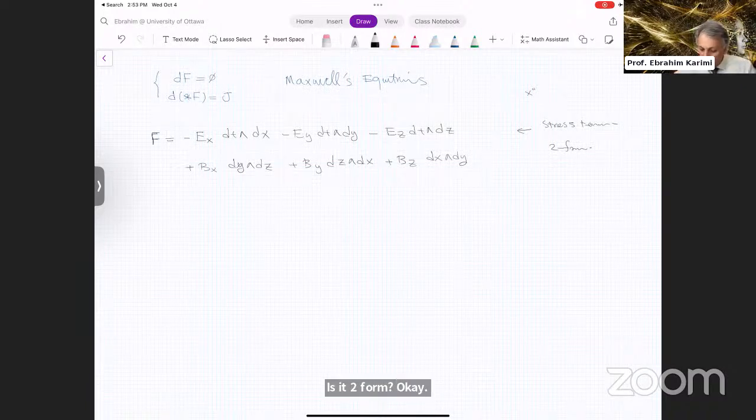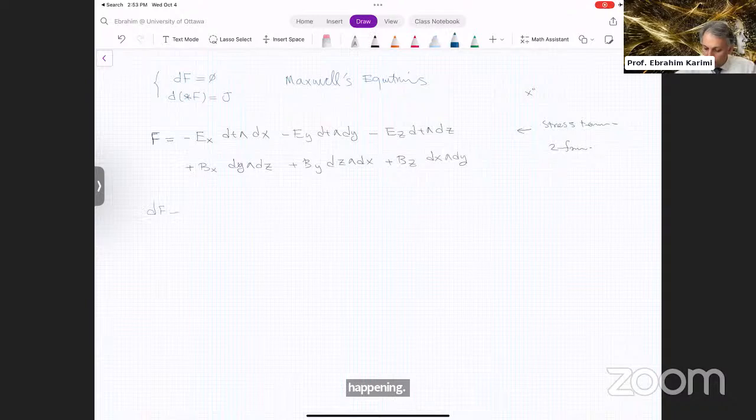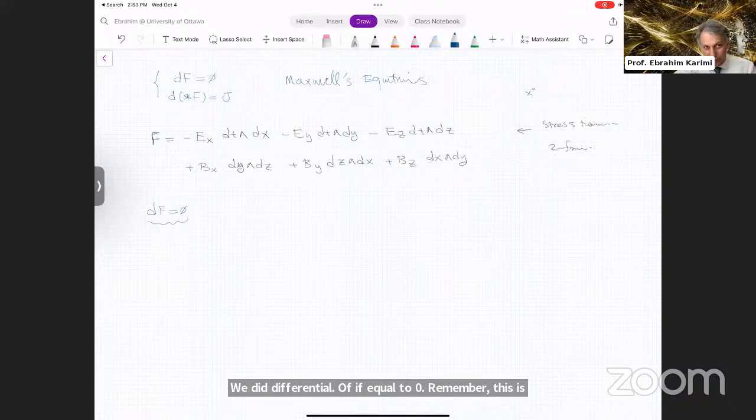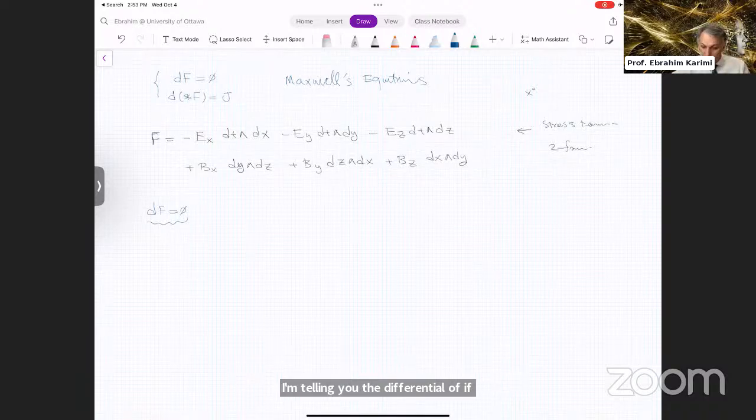Lovely. Now I'm asking you, what is happening with the differential of F equal to 0? Remember, this is not a rule. This is my condition for having a Maxwell equation. I'm telling you the differential of F is equal to 0. Before going there, what is going on with the dual of F, or the star of F?